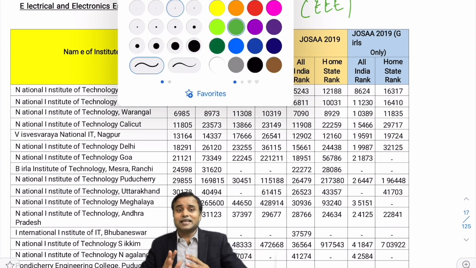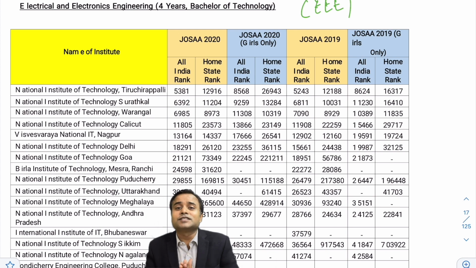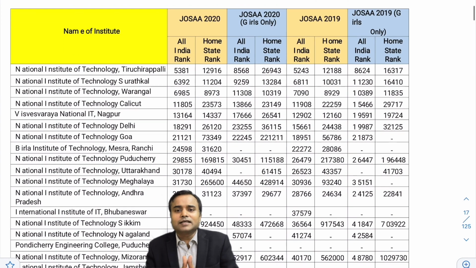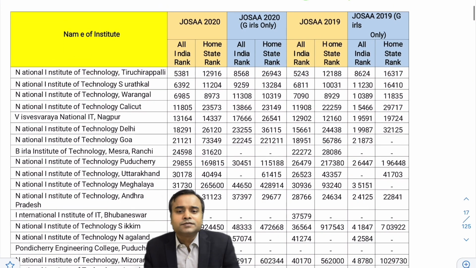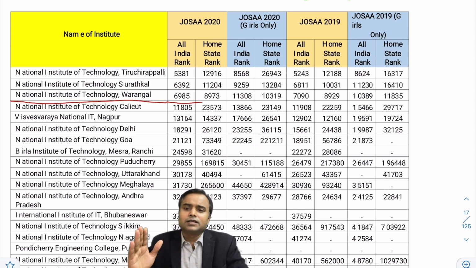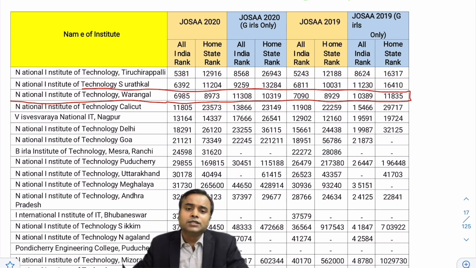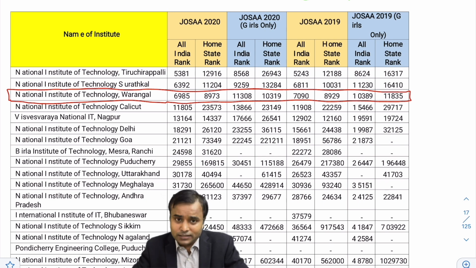These are the data. Different colleges are there, and you can see the last rank, the rank of the last student who got admission in that branch, in that college.